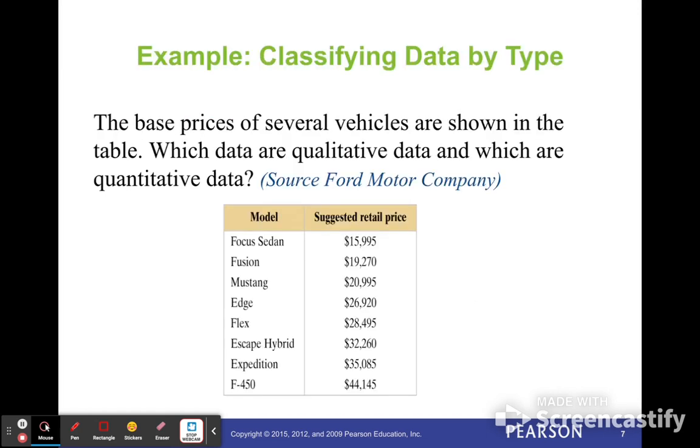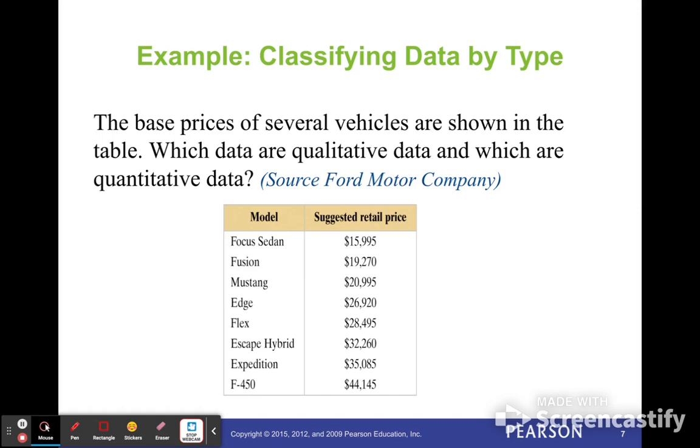Let's have an example. Look into this example. The base prices of several vehicles are shown in the table. Which data are qualitative and which are quantitative? This was from the Ford Motor Company, talking about different Ford models. The column that says model tells you the type of vehicle.